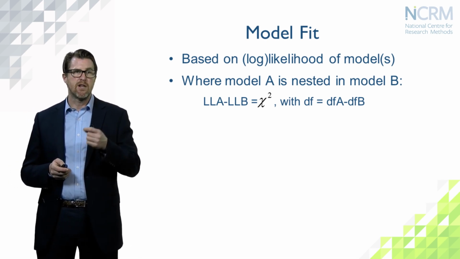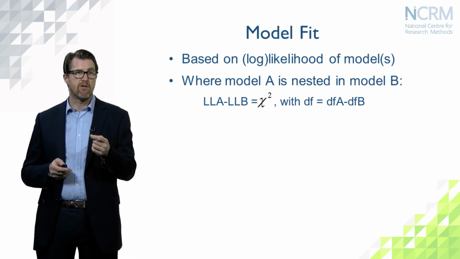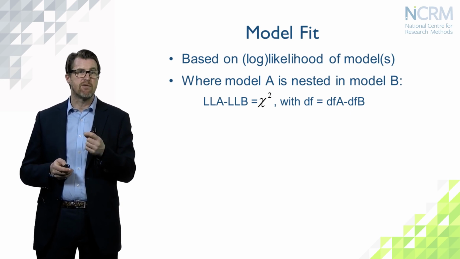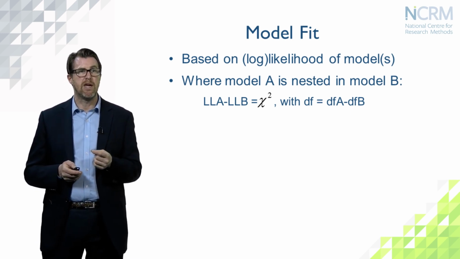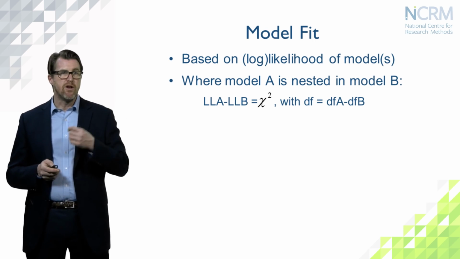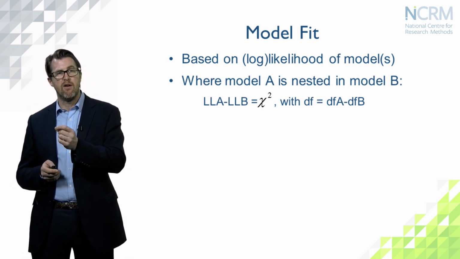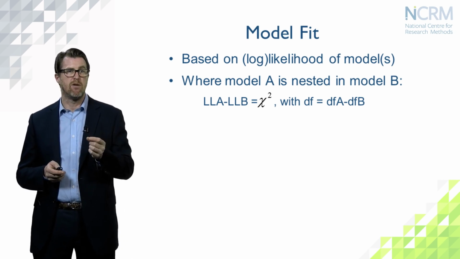And the chi-square distribution has a degree of freedom which is equal to the difference in the degrees of freedom for model A and model B. We can therefore use this chi-square distribution to test the fit of the first model to the second model.